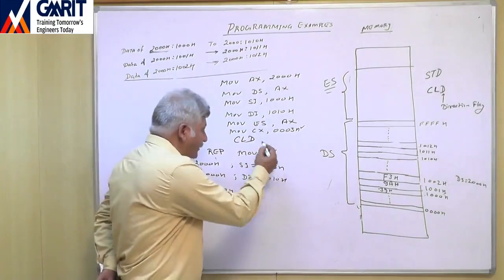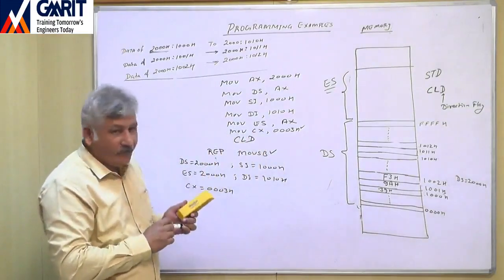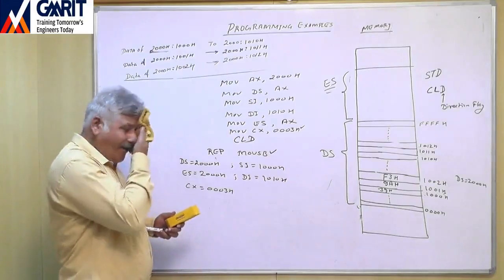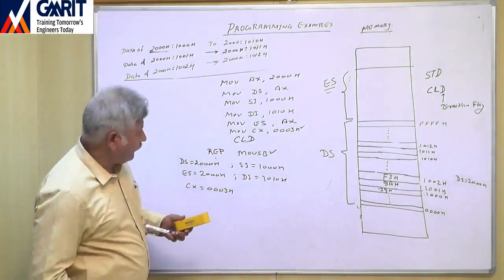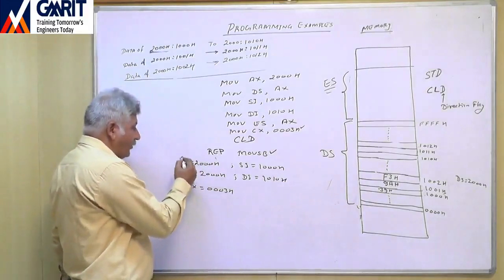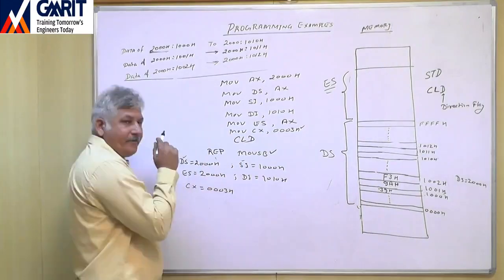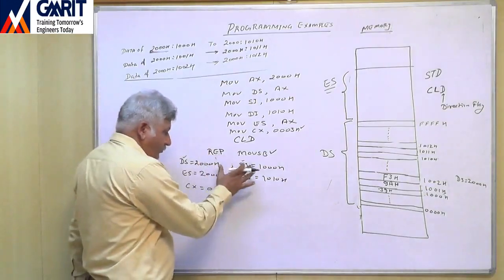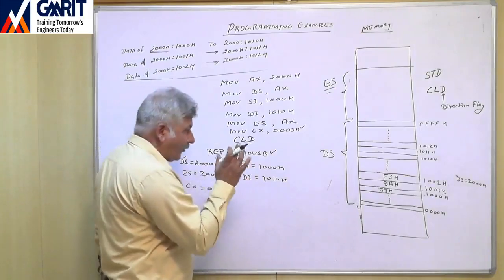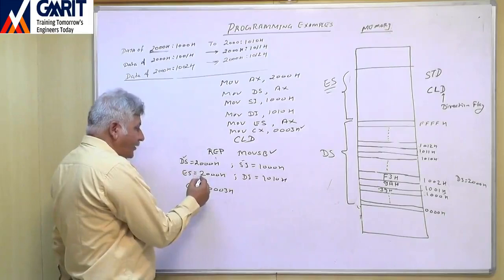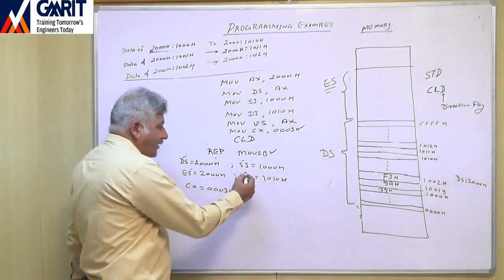When the move string byte instruction is executed the first time, it will transfer 1 byte of data from the physical address calculated by DS and SI, to the destination whose address is calculated by ES and DI.